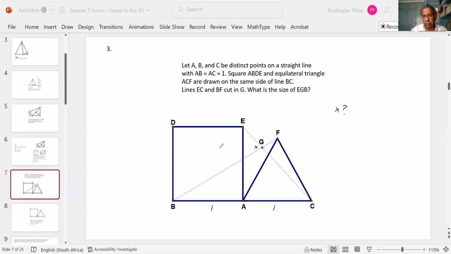You have to draw something which was not there in this picture, because if you try to work out X from the given information, I think you're going to find it quite hard. You'll always find that you need to find this angle here, and you can't do that straight away.